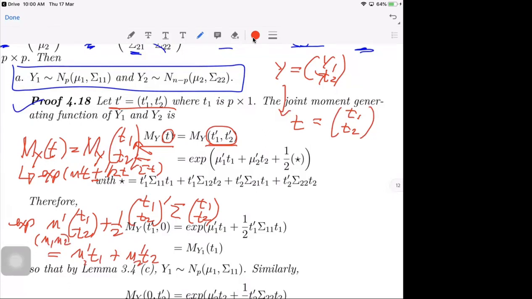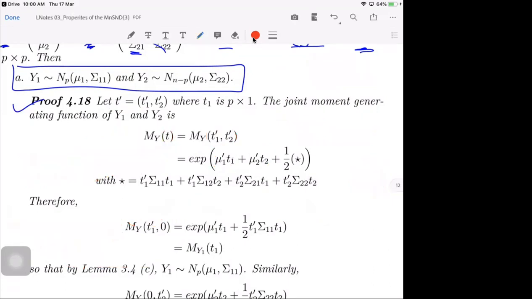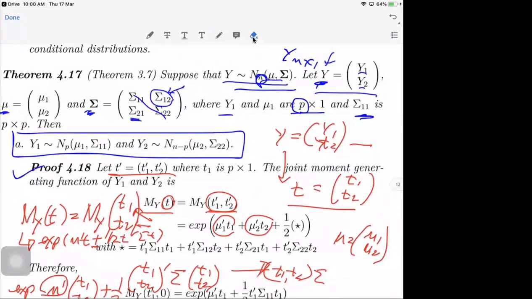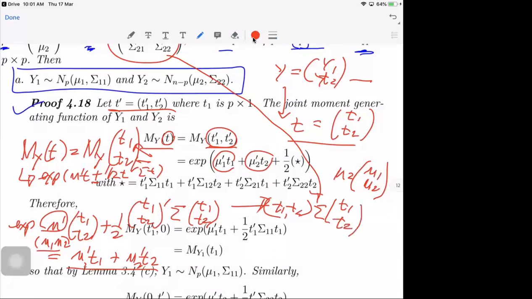This factors here. And then for sigma, its form looks like that, so that is what you put here. And then t1, t2. And then when you multiply that, you will get this star.